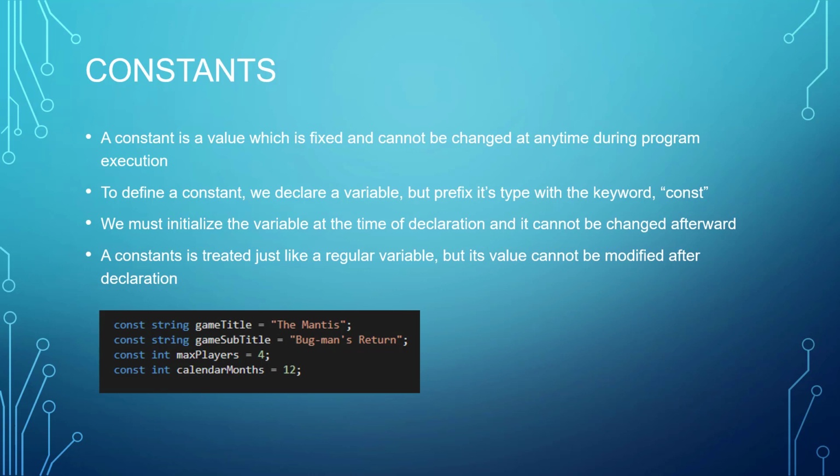Again, we declare another constant, which is of type string, and we call it game subtitle. And we assign a value to it, and that value is Bugman's return.